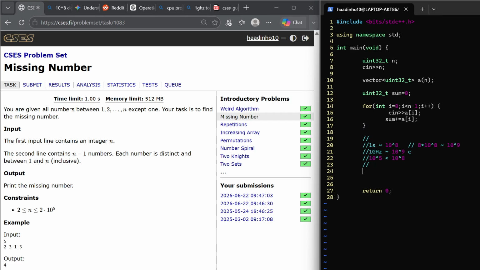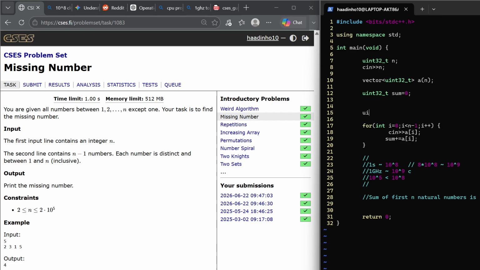Now there's a formula: the sum of the first n natural numbers is n into n plus 1 by 2. I will do a proof by induction on this later in this video, but let me first finish this code, and then we can do the proof.